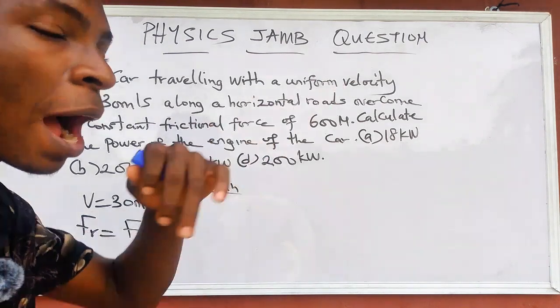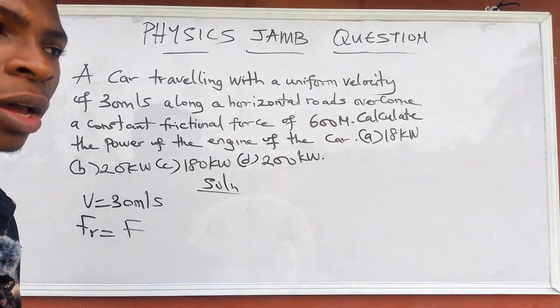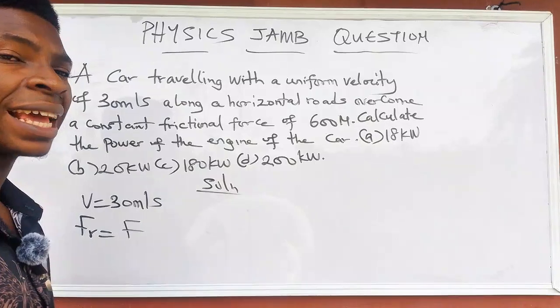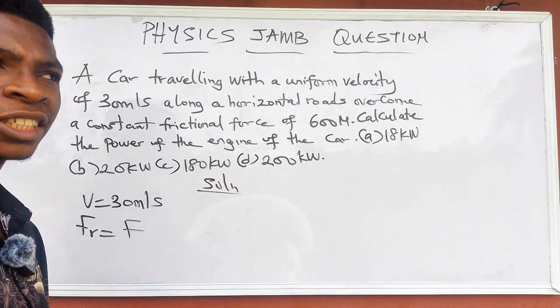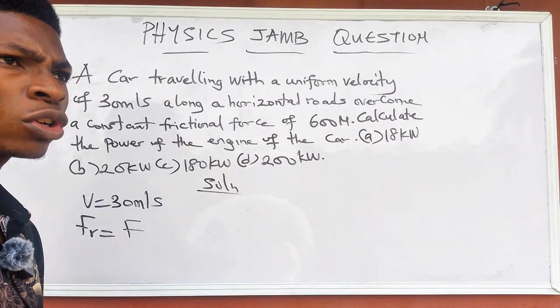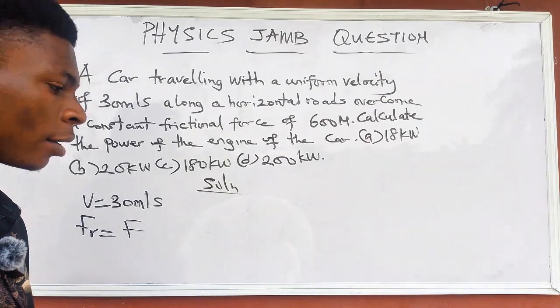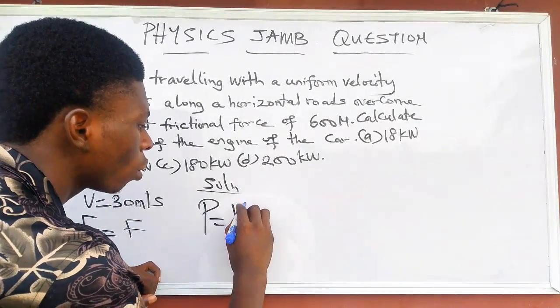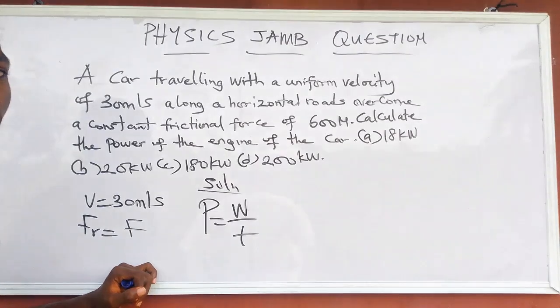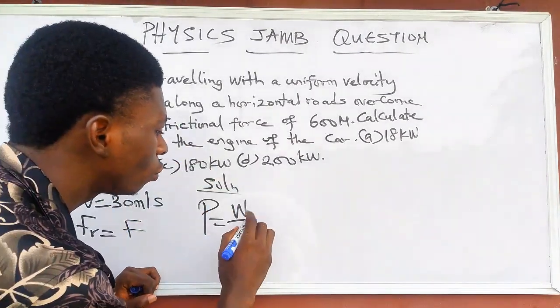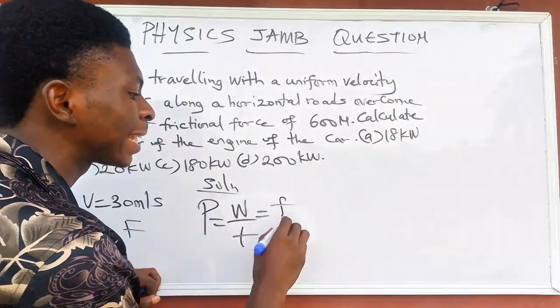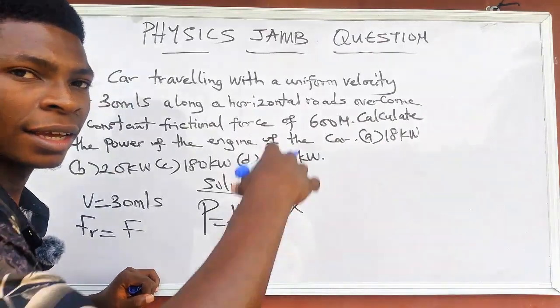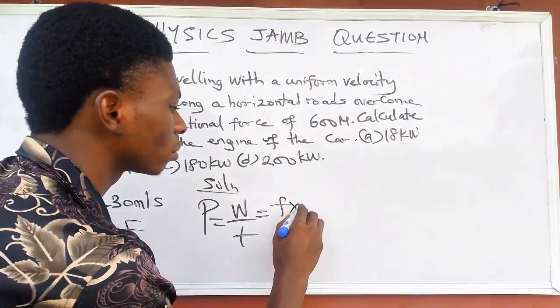Now the power. We have different formulas for power. Power is energy per time, the energy you used per time, or the work done per time. Power is equal to work done over time. What is work done? Work done is force times parallel distance, the distance in the direction of the force.